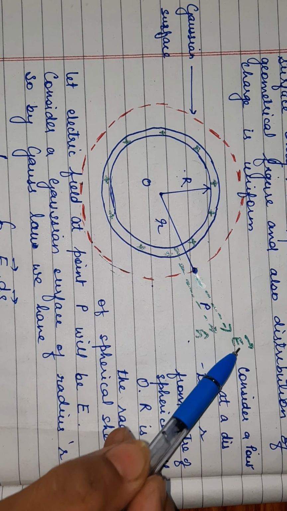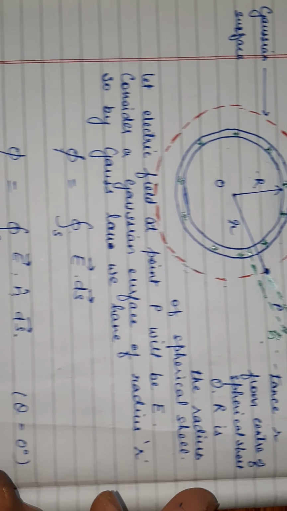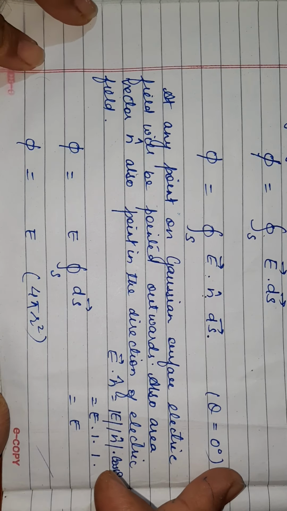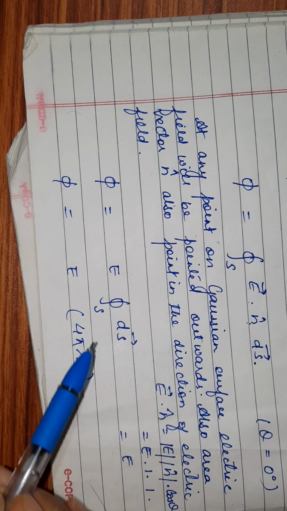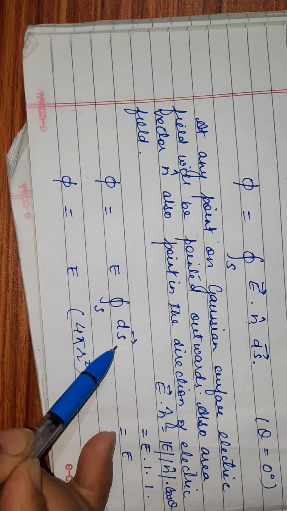So the theta between them is 0 degrees, and cos 0 degrees is 1. So flux will be E times the surface integral of dS.